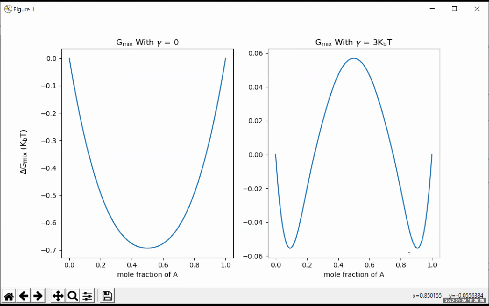So in each phase, the mole fraction will be described by either the left minimum or the right minimum. So if no one has any more questions, I will stop sharing.